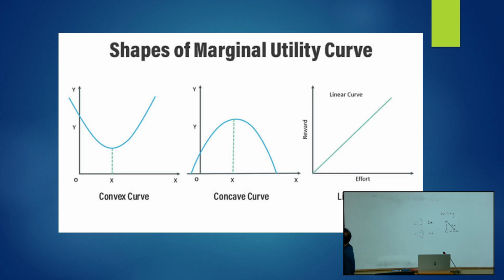And this one is a polygon line, linear. Linear means a first-degree function. So the marginal utility curve shapes are linear, concave or convex.